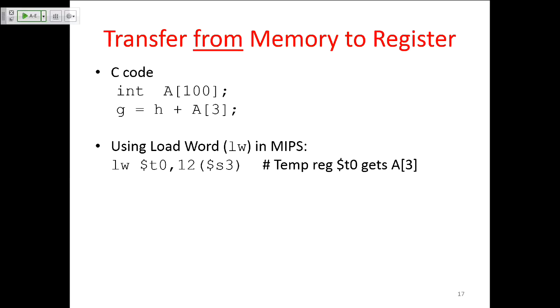So for me to go from A[0] to A[3], I have to increment my base by 3 words. Each word is 32 bits or 4 bytes. So my index here, 12, is in bytes. I have to increment by 4 times 3, which is 12 bytes.